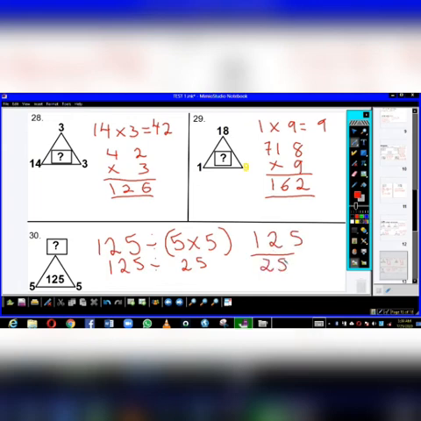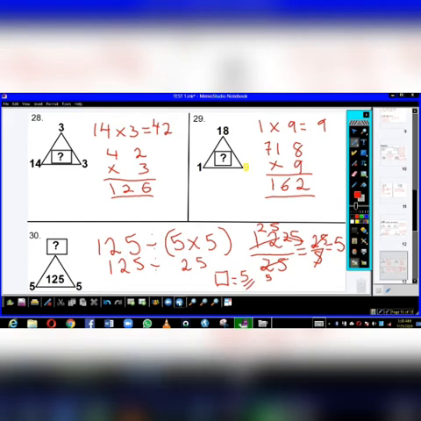Now let's use 5 to cut. 5 here will give us 5. 5 here will give us 2, remainder 2. 5 here will give us 5. Of course, we have 25 divided by 5. And 5 will go in 25 as 5. So the value of the box is equal to 5.